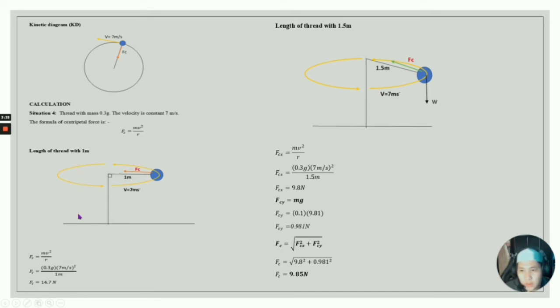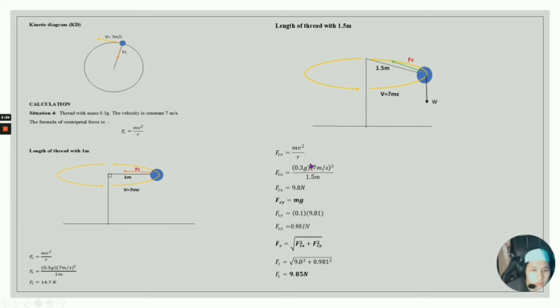First we calculate for the string with 1 meter. Fc equals 0.3 gram multiplied by 7 meters per second squared, divided by 1 meter. So we get 14.7 Newton.